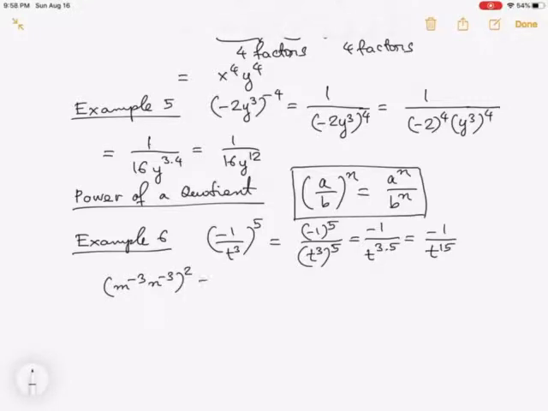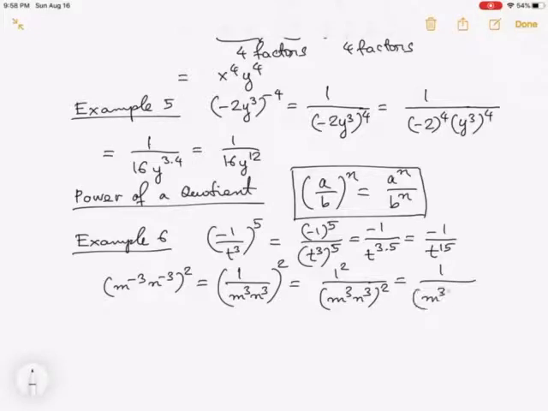And negative 3 and negative 3 squared. We can write as 1 over n cubed, all squared. So this is 1 squared over n cubed squared. So 1 squared is 1.